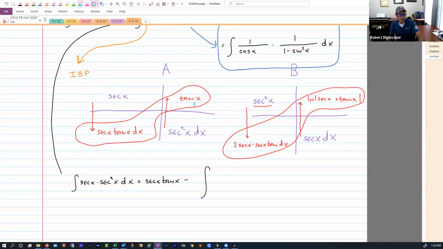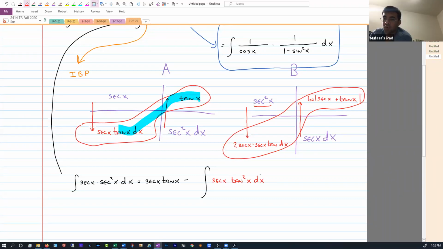So voodoo is our diagonal here, and that becomes secant x tan squared x dx. I think we have to do it one more time in order to get it to the part where we can subtract the integrals with each other and move it to the left.